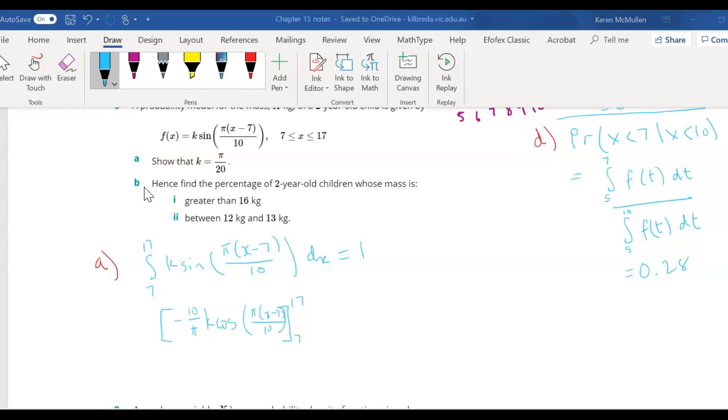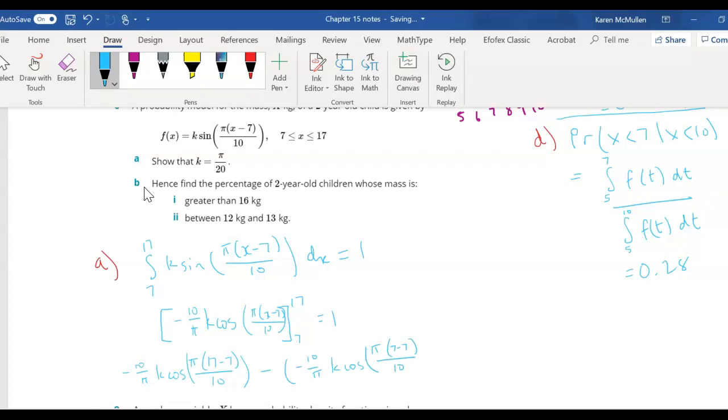All right, so let's go ahead and substitute the values in. So negative 10, that's equal to 1. Negative 10 on pi, k cos pi, substituting in 17, so 17 minus 7 over 10, minus, and then we're substituting in the 7, so negative 10 on pi, k cos, this is so long, 7 minus 7 over 10.